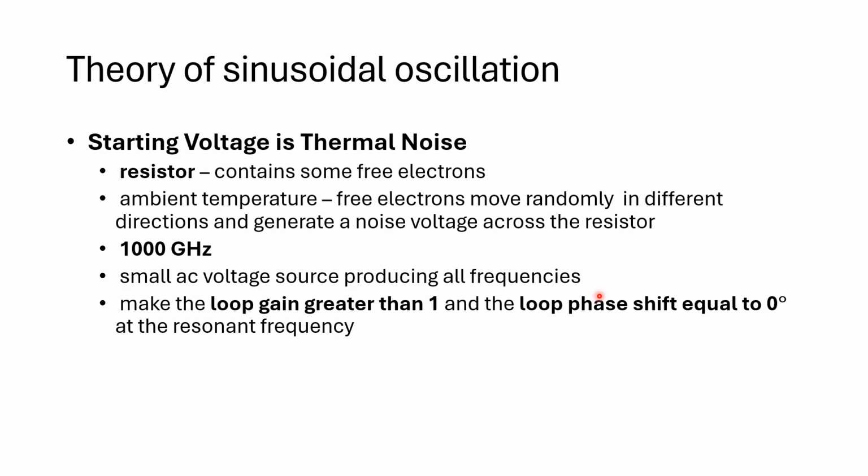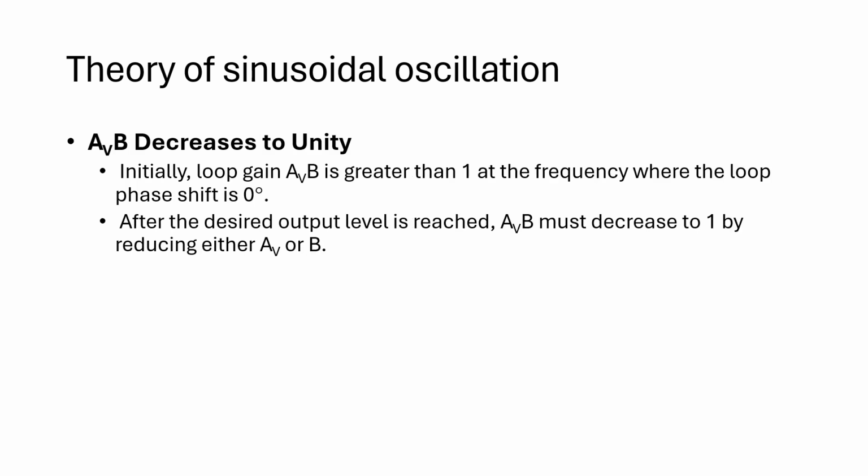From these several frequencies, we're going to make the loop gain greater than 1 initially, and the loop phase shift equal to 0, at a specific resonant frequency. And then eventually, we have to decrease your AVB to unity.